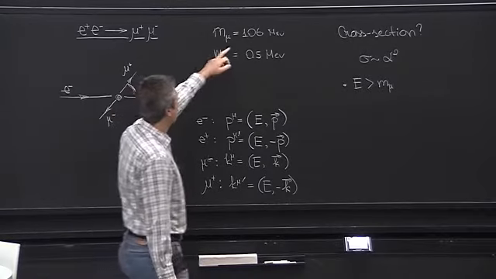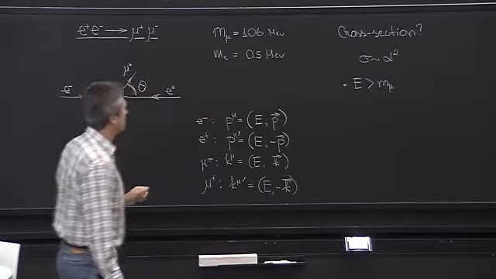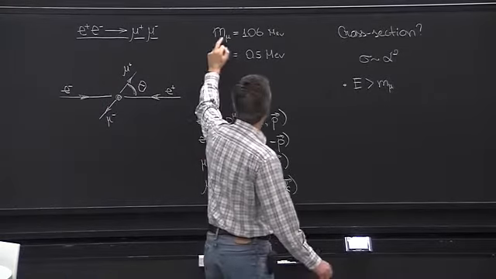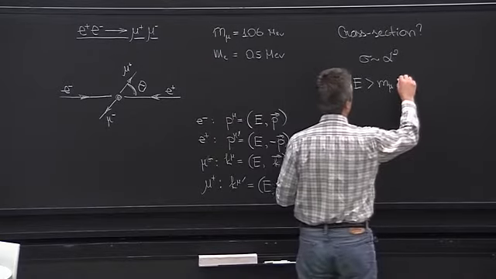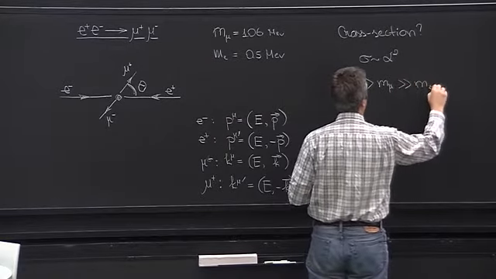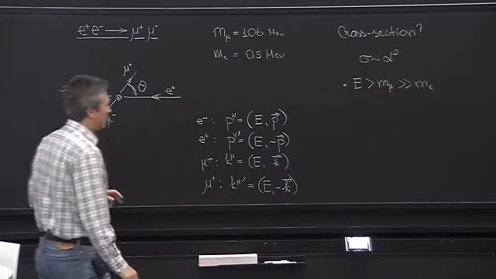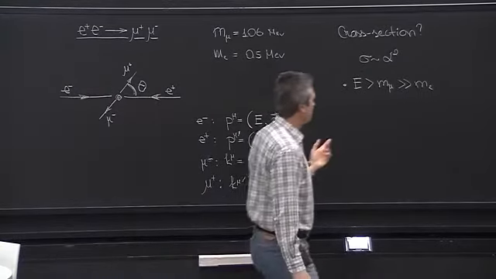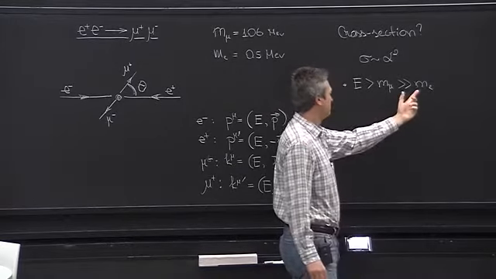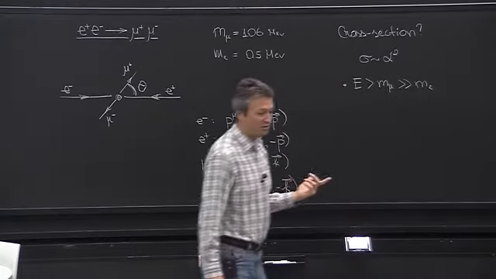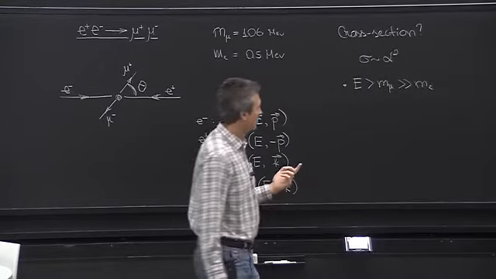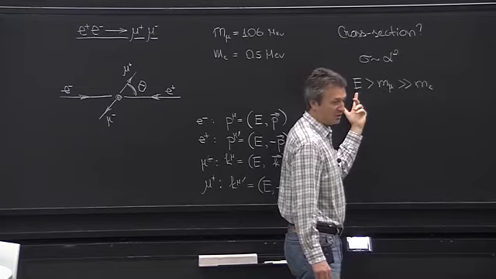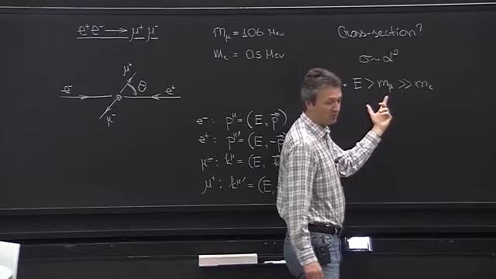It will be bigger than 100.106 MeV. And then you see that the mass of the muon is much bigger than the mass of the electron. Since the electron mass, by dimensional counting, can only appear in combination with mu or with energy, the correction will be very small.